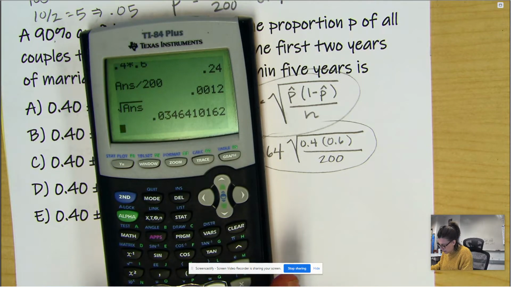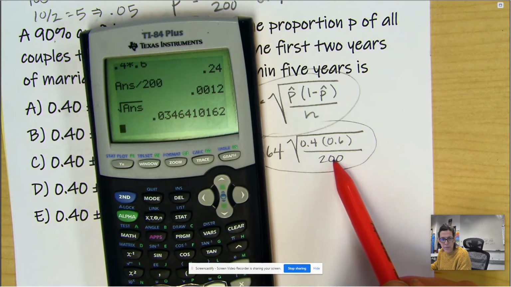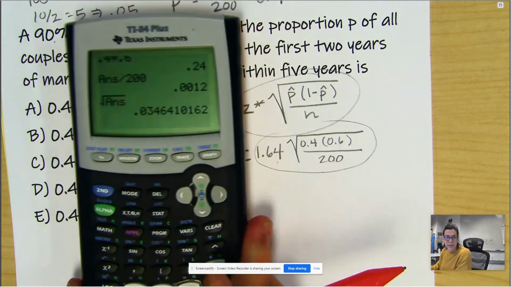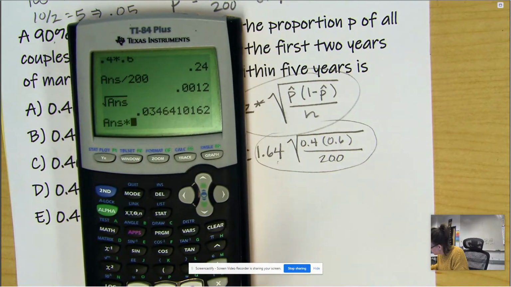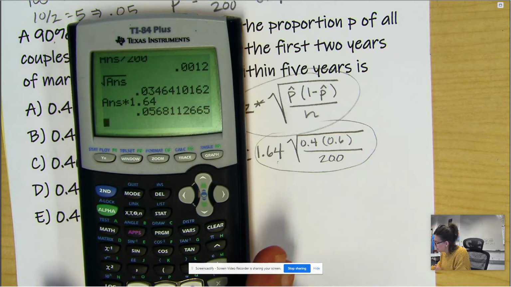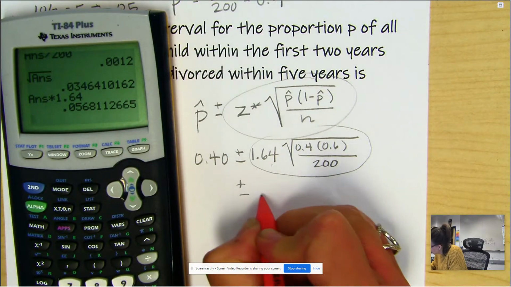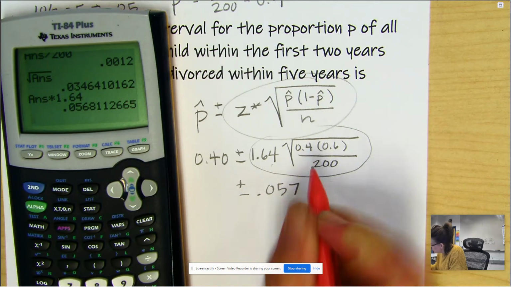Then I'm going to multiply that by Z star. Common mistake to forget to multiply it by Z star. 0.0568, which all of this simplified to 0.057.